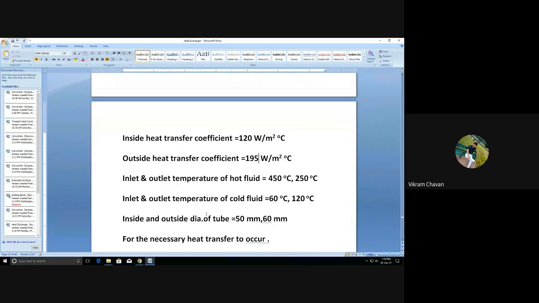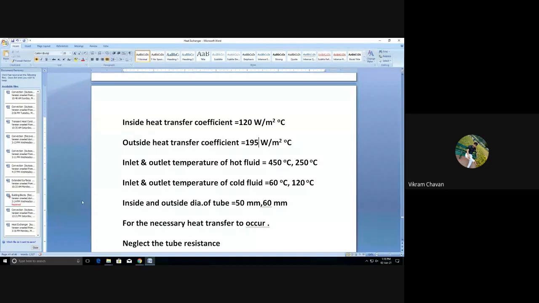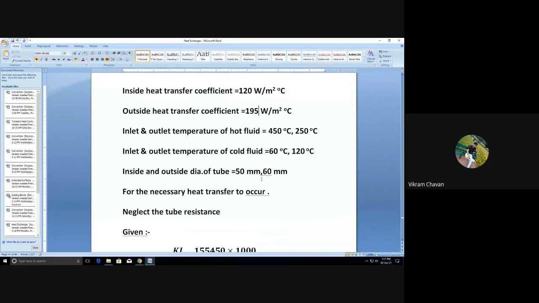Then inside and outside diameter of tube are equal to 50 mm and 60 mm. Inside is 50 mm and outside is 60 mm.